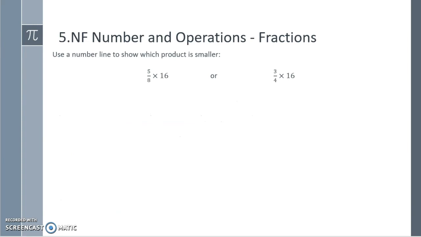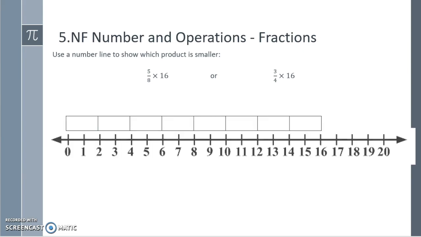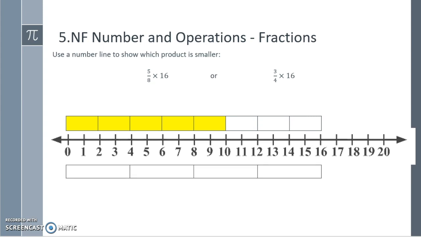Use a number line to show which product is smaller, 5/8 of 16 or 3/4 of 16. So I have a number line built up to 20, but we only need 16. So when I look at 5/8 of 16, I broke down the entire tape into eighths. I want 5 of the eighths, which is equivalent to 10.